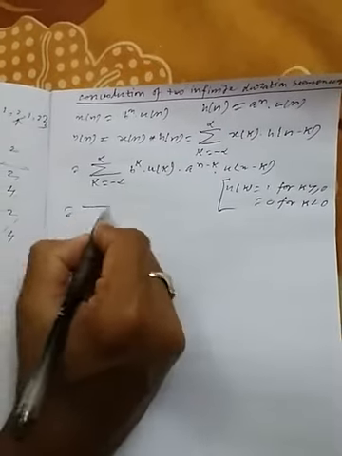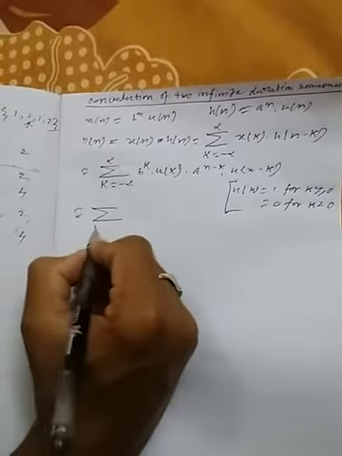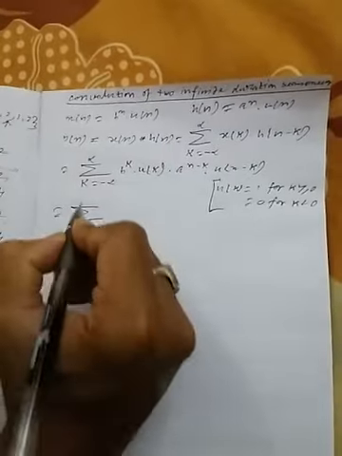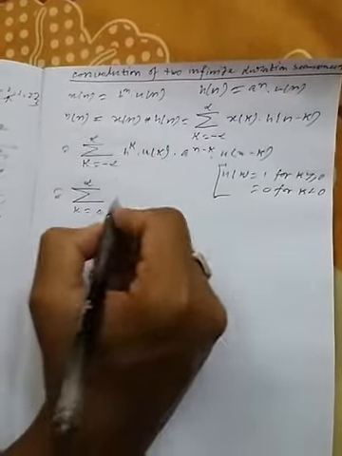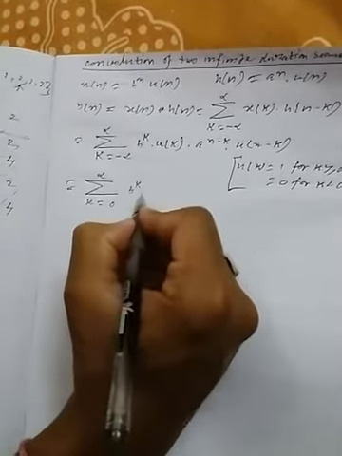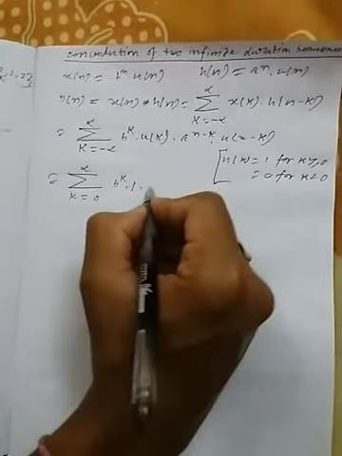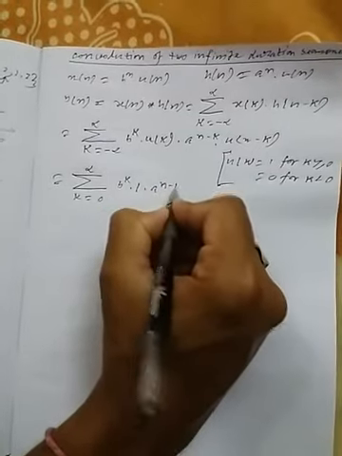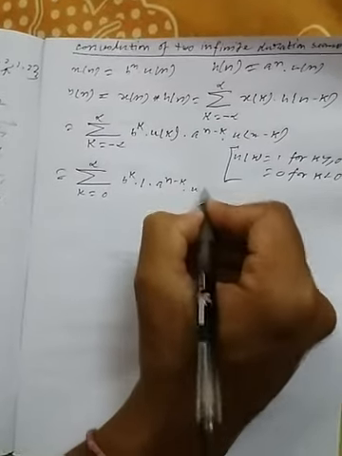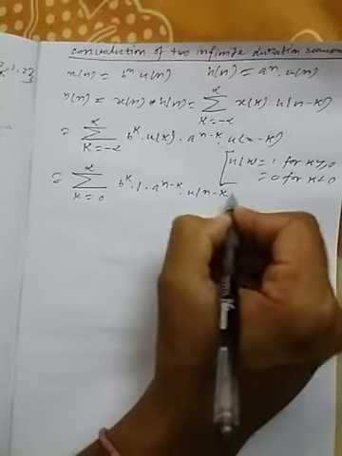So here the range of the summation will change from 0 to infinity, b^k into 1, in this range the value of u[k] is equal to 1, into a^(n minus k) into u[n minus k].